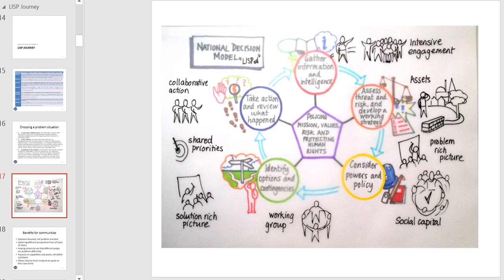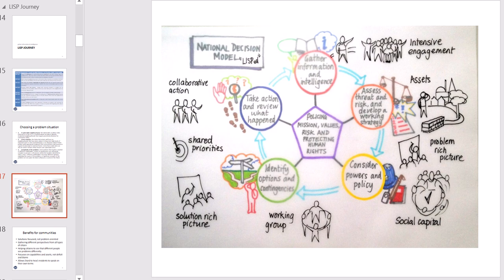We're trying to make sure that we think of these communities as full of assets and full of capabilities and full of skills that we can invest in and help to improve on, which will reduce then the vulnerability to social problems. That's that point where we consider our powers and policy as we think about a problem-rich picture. We try to understand the nature of the problem situation.